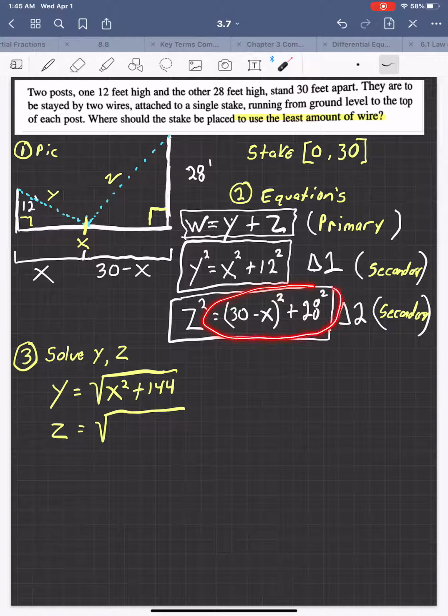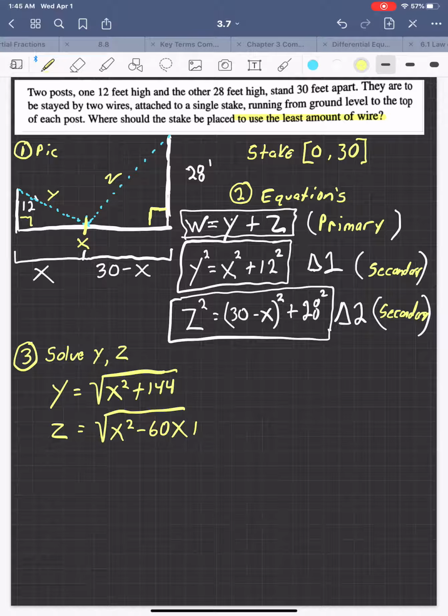I'm going to just FOIL the (30 minus x) squared out, also evaluate 28 to the power of 2, and then combine like terms. If you did so, you would have x squared minus 60x plus 1,684.